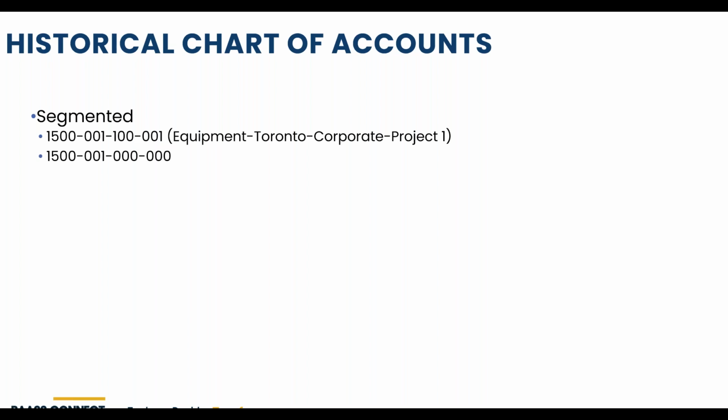So what that means is if you don't have projects, or if you don't have departments, you still need to populate it with a value, which most people will default to 0. Not a very good design, but nonetheless, some ERP solutions still require you to populate the default segment values.